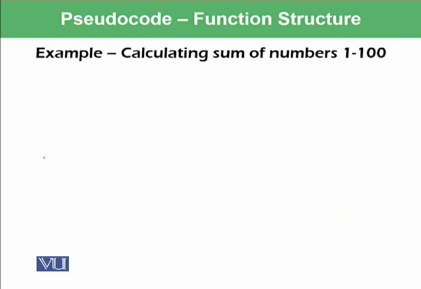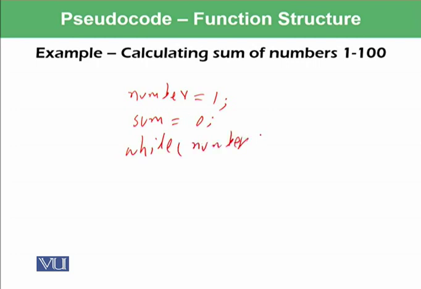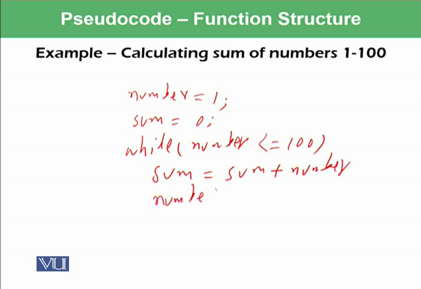So let's have another example: we want to calculate the sum of numbers from 1 to 100. As we did last time, number is assigned 1, sum is assigned 0, while number is less than or equal to 100, sum is assigned sum plus number, and number is assigned number plus 1.